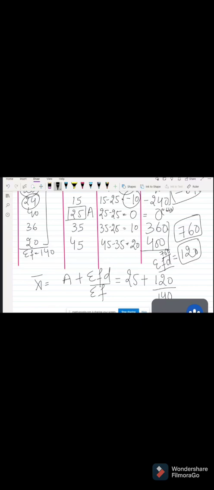If you solve this, that is 25 plus 0.86, so you will get 25.86 as your answer. You can assume any value, the answer would be the same.